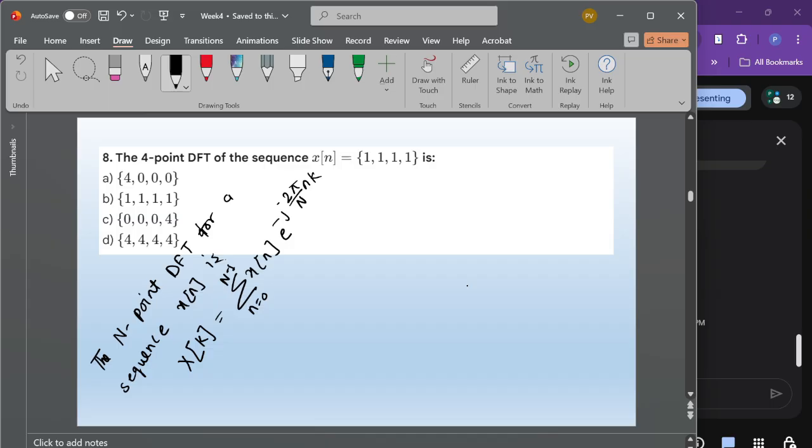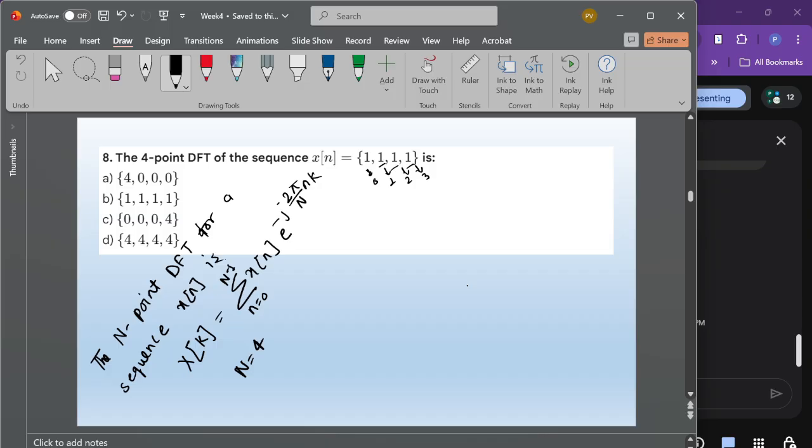So here capital N is equal to 4, right? Here 4 points are given, 1 1 1 1. Now we need to calculate the DFT for each k. This is position 0, this is position 1, this is position 2, and this is the value at position 3.